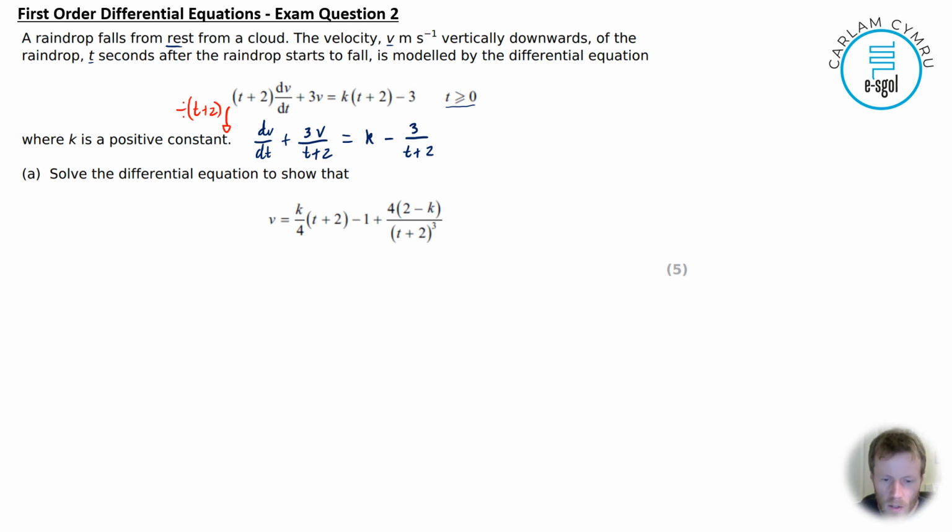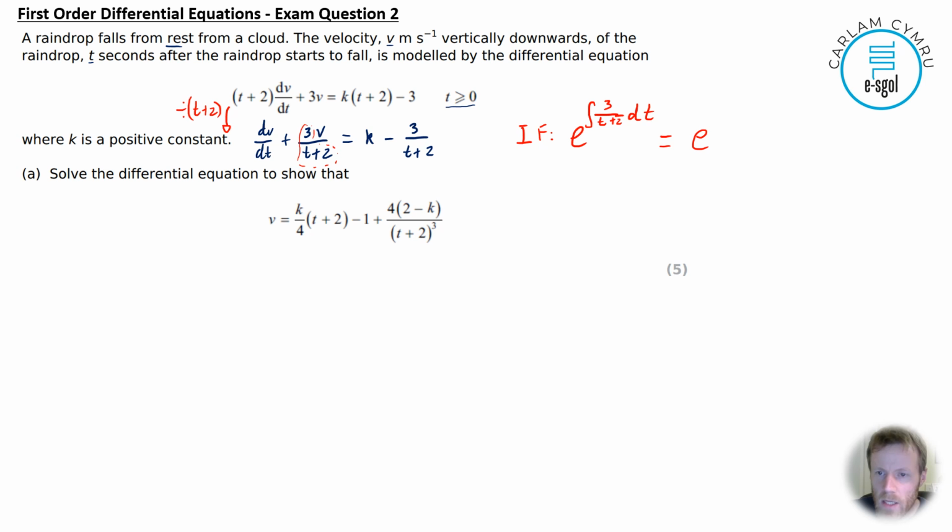Now let's try and work out our integrating factor. So the integrating factor is going to be e to the power of the integral, and I'm looking at this bit here, 3 over t plus 2. And this time it's with respect to time that I'm integrating it. So this is going to be a log integral.